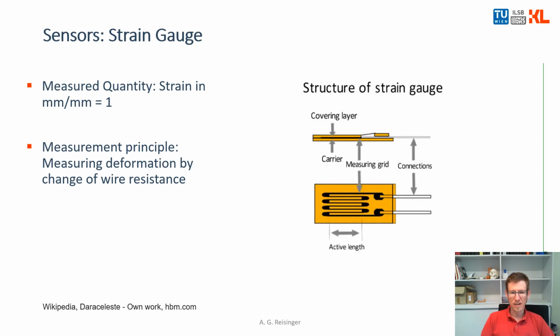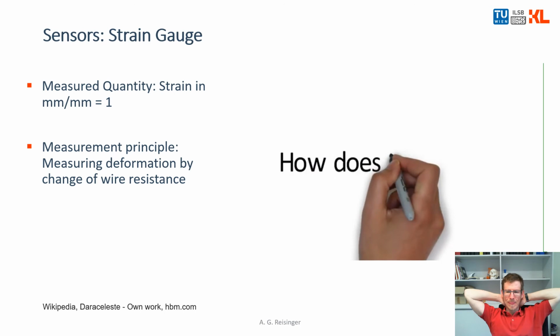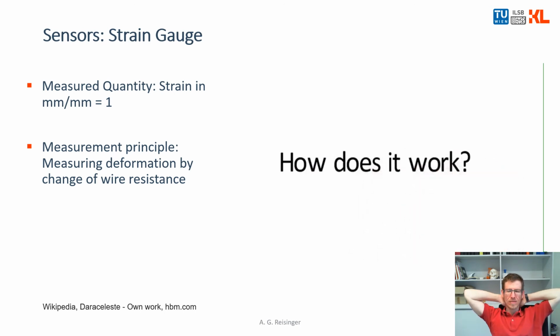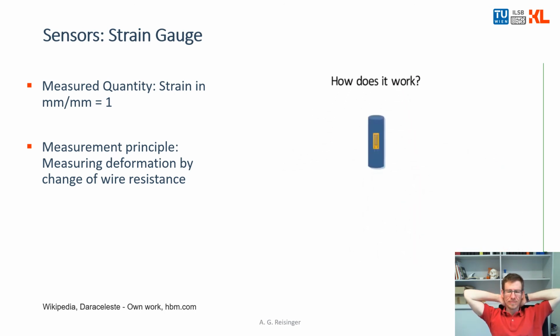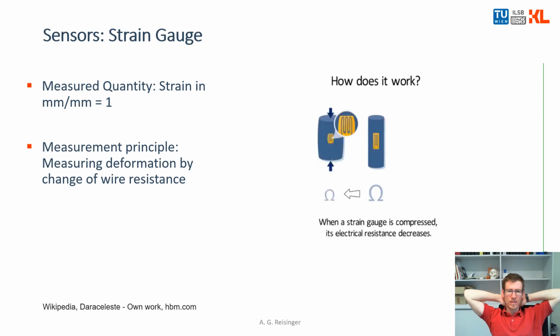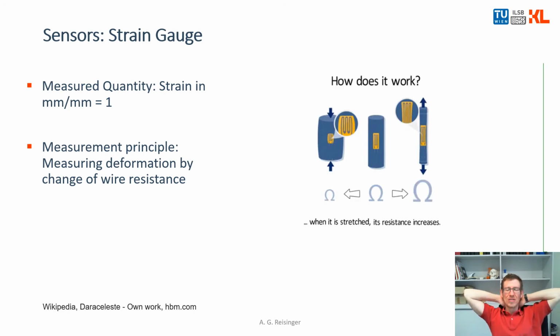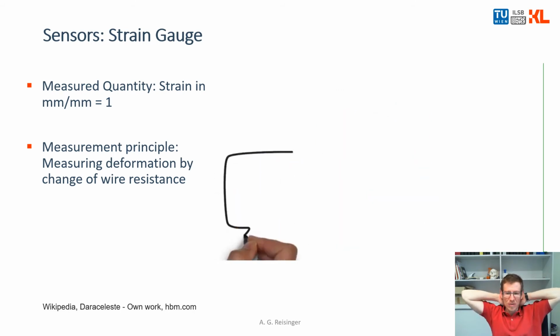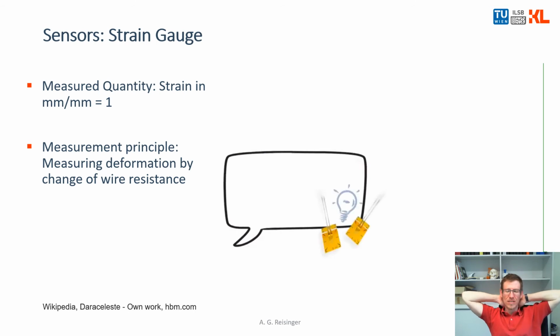So the measuring grid are wires, basically. It's glued on the surface of something, and this something is deforming. So the strain gauge is deforming with this piece and changing its resistance.